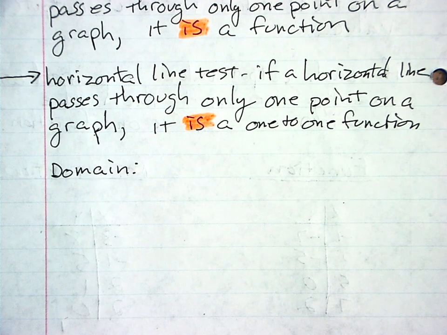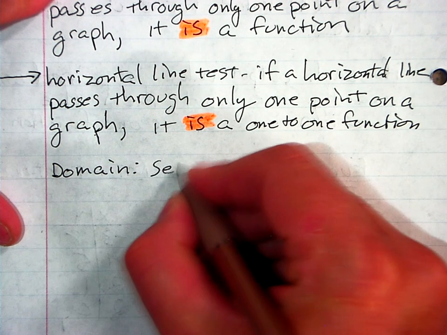Annalise, do you know what domain is? I remember the word. What is that? On a graph, what? Yep, going which way? Yes, there you go. So domain is the set of x values.